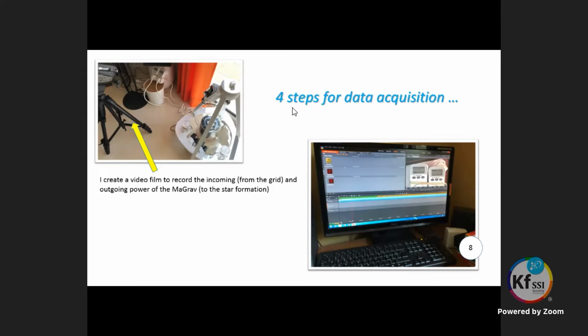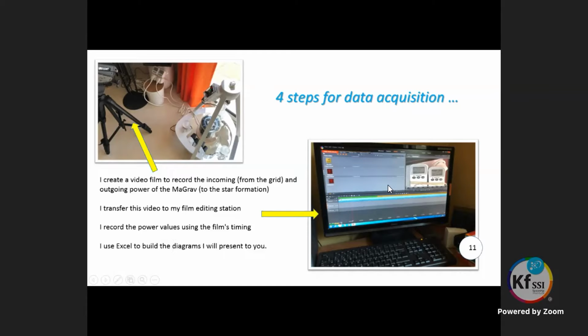The first step is to make a film. Then I transfer my video film to my computer. I record the power values using the film's timing. Here I have a timer and I saw the different values and I compute them in Excel to build a diagram I represent to you.